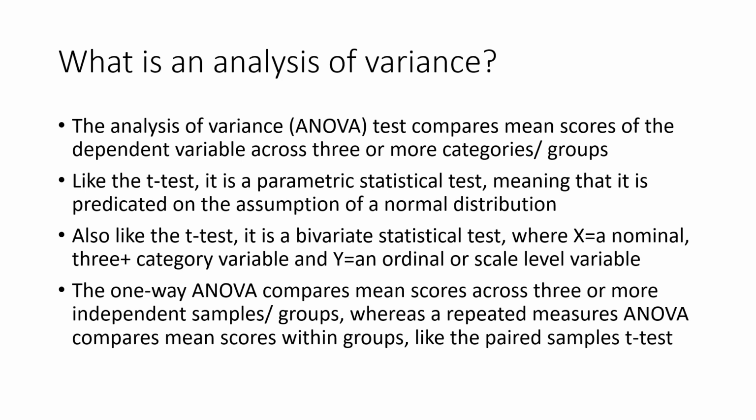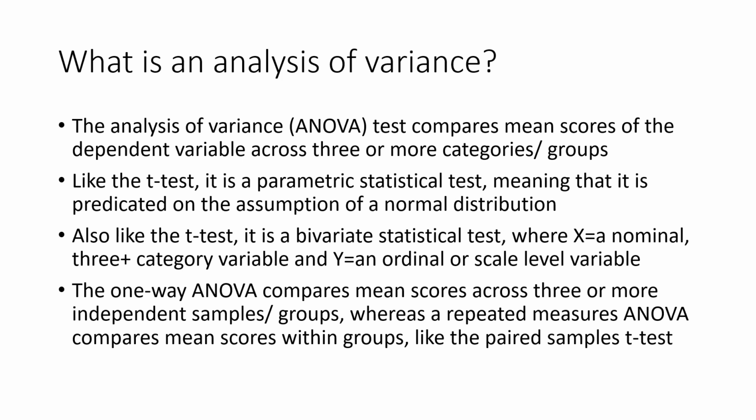So an ANOVA test is a statistical test that compares mean scores of the dependent variable across three or more categories or groups of the independent variable. So as I said before, it's similar to the t-test, except something of an extension of the t-test because we're looking at three or more categories rather than simply two categories as we would with the t-test.